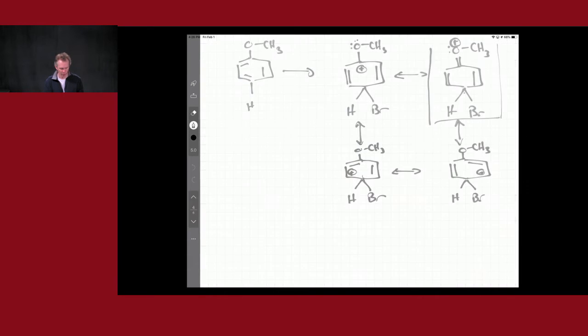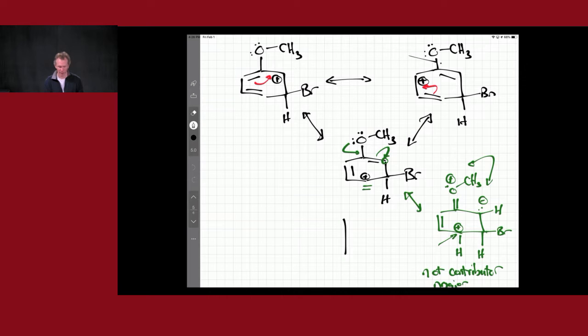So with this one rationale, this electronic rationale, we can explain both the placement of the group coming in at either the ortho or the para position, and the observation that these methoxy-substituted aromatics are faster than benzene. Okay.